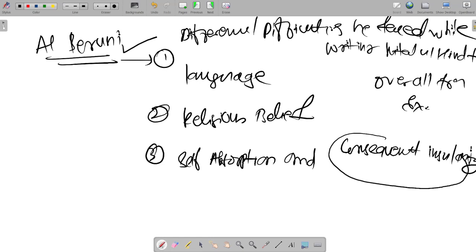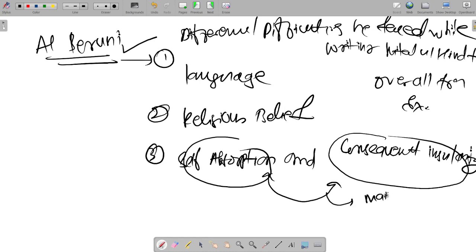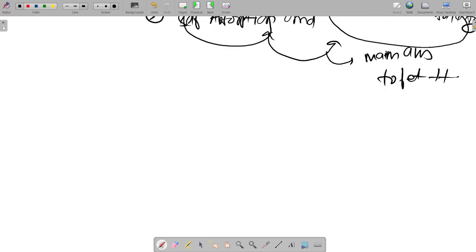Remember guys, terms like these are mentioned in NCERTs as it is. So we have to mention them in mains answer to fetch extra marks. And the fourth one was the geographical difficulties.